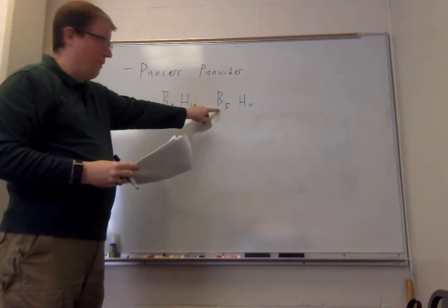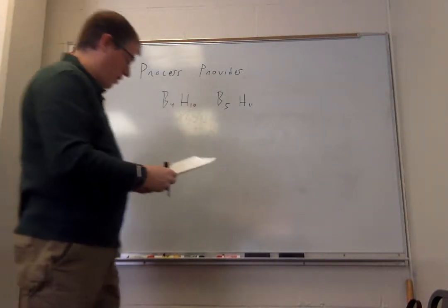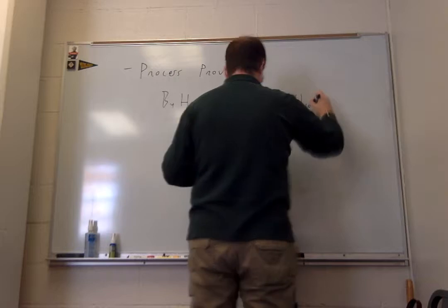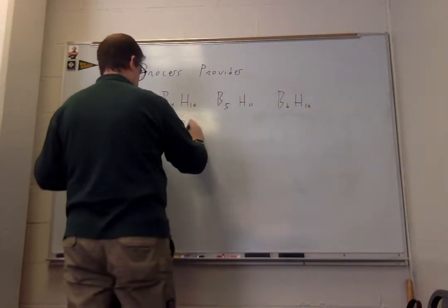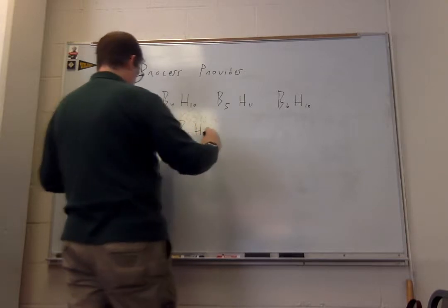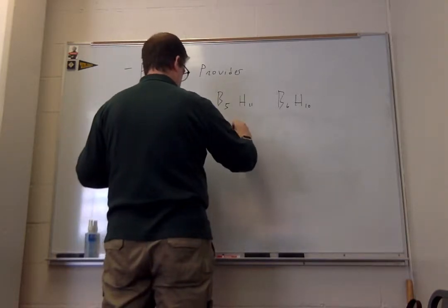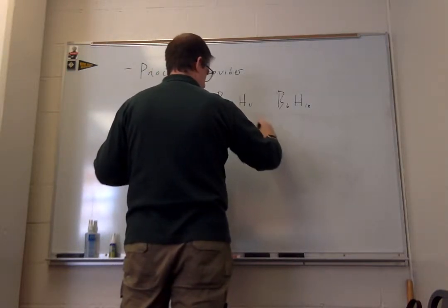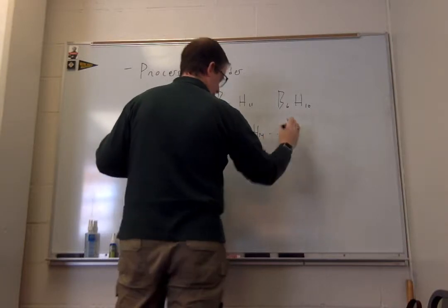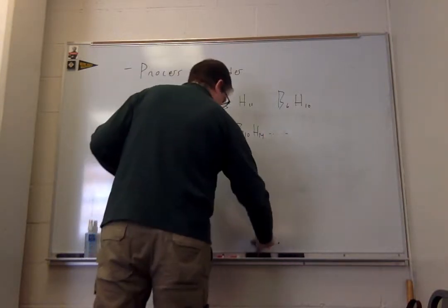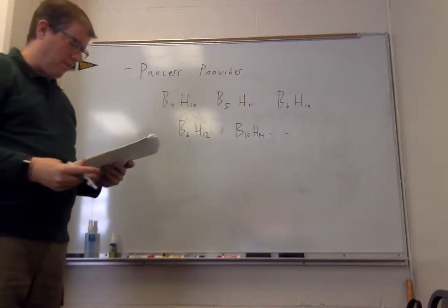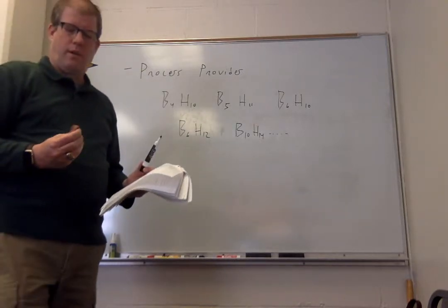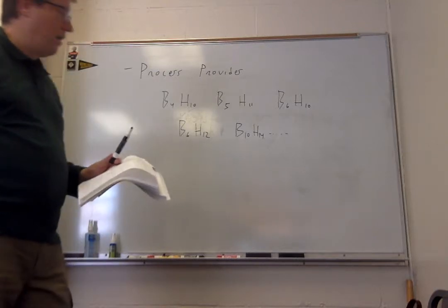Then by another combination of this with BH3 followed by hydrogen extrusion, we can also get B6H10, B6H12, B10H14, and on and so forth. And so, again, we won't spend a whole lot of time going over these processes because, like I said, they are complicated and difficult to understand.